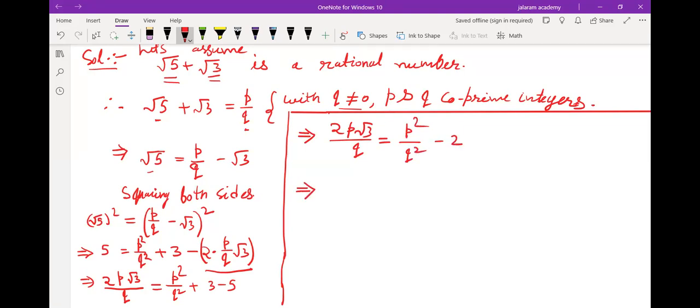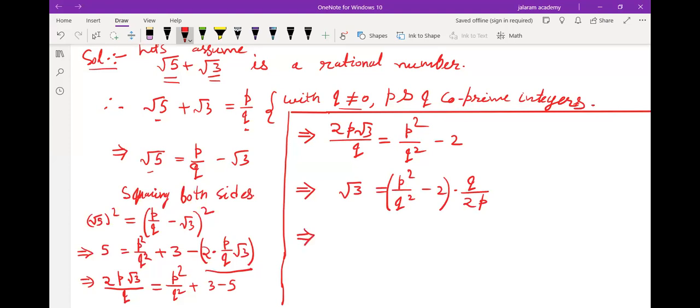It implies, now leave this root 3 alone and transfer all the other terms to the right hand side. p square by q square minus 2 into q by 2p.